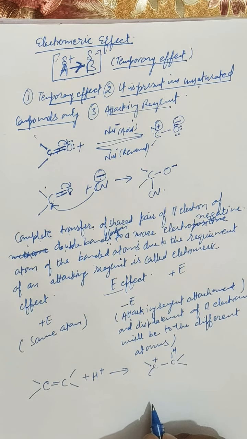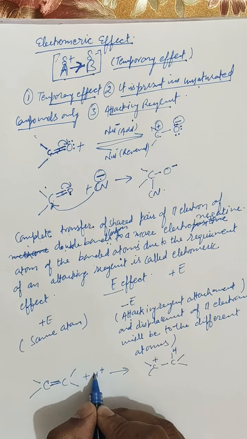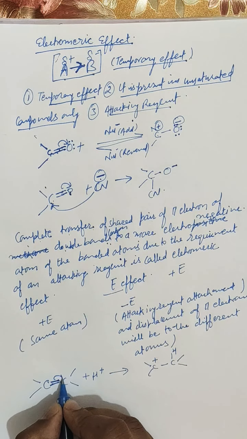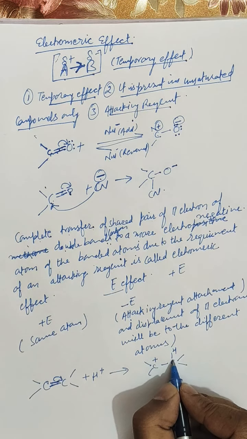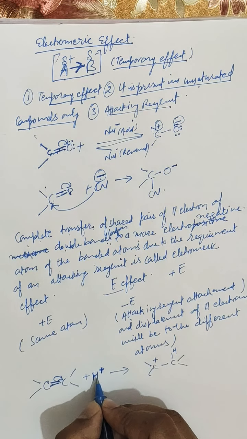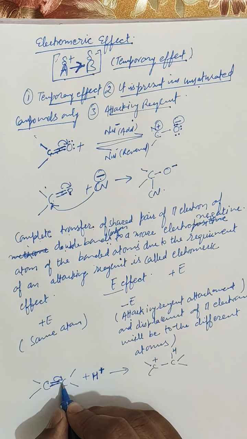In the next step, see that the pi electron pair goes to this atom, and this positively charged proton is an electron deficient species, so it will go to the electron richer part of the bond. So it will obviously go to the carbon which will have the negative charge.